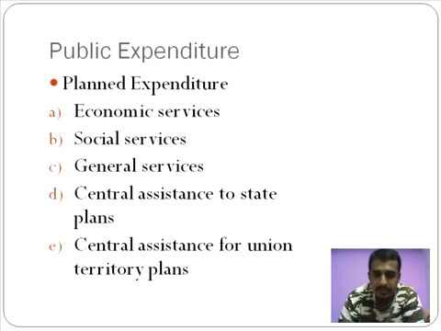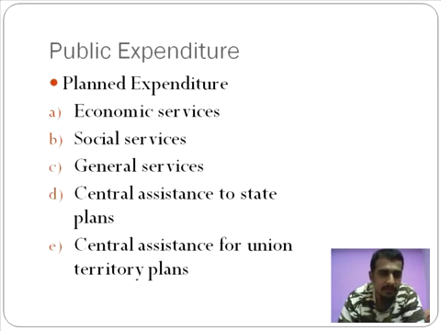Now, central assistance to the state plans. A good example would be that recently the Maharashtra government inaugurated the first monorail. The construction of this monorail actually cost them 14,000 crores. For that, the entire funding wasn't made available by the Maharashtra government alone.